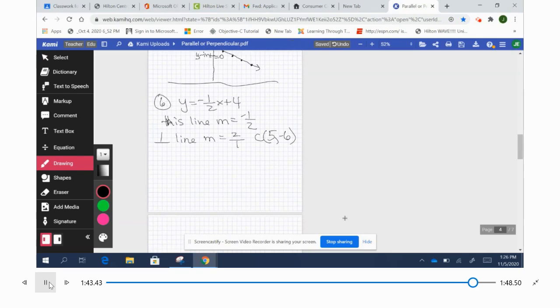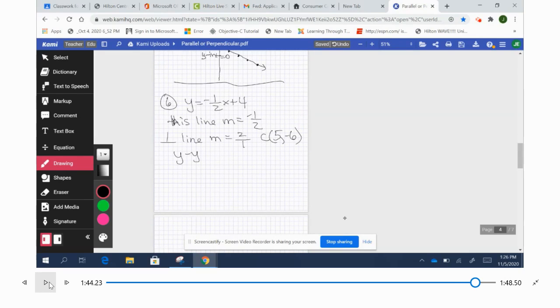The point I'm trying to pass through is 5, -6. So again, same thing: y minus -6 equals 2 parentheses x minus 5. Please don't leave it like that. Double negative really isn't good. Okay, so we finished there, and that's it for parallel and perpendicular lines.